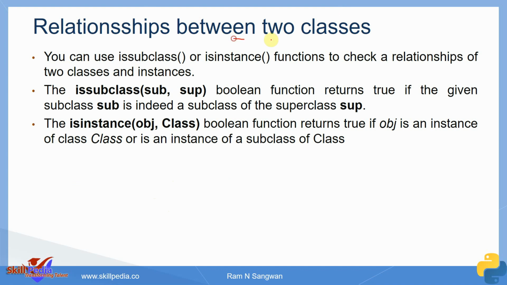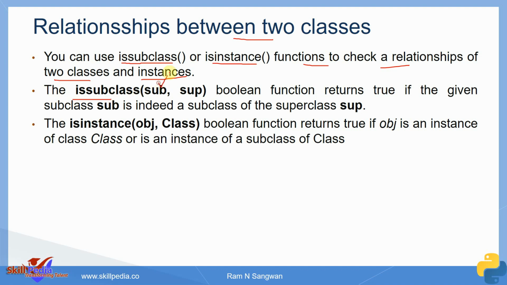Relationship between the two classes. You can use issubclass or isinstance functions to check the relationship of two classes and the instance, because sometimes you need to just verify, is this class a subclass of this particular class, is this a superclass or instance. So you can use issubclass.